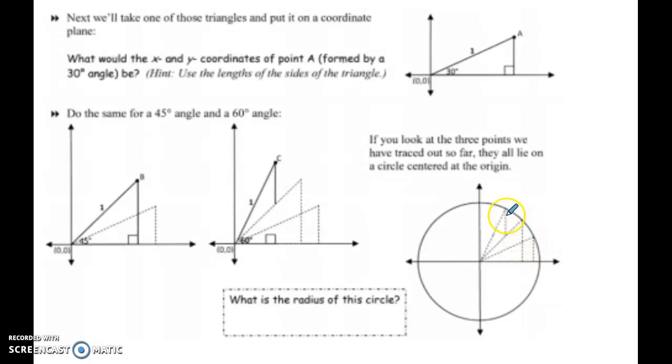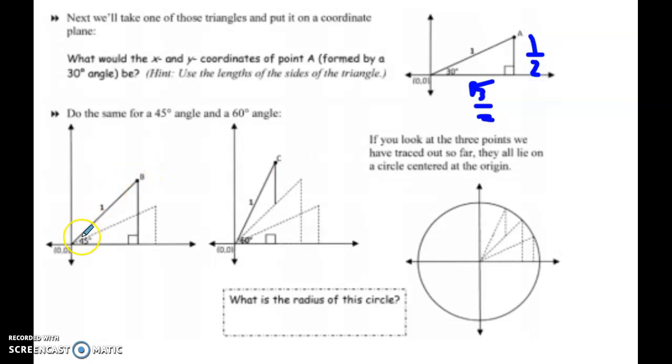And we're going to take those points, and those points are going to start the creation of this unit circle. So now we're just going to think back to what those values were. So in a 30, 60, 90 triangle, remember this side here was the square root of 3 over 2. And this side was 1/2.